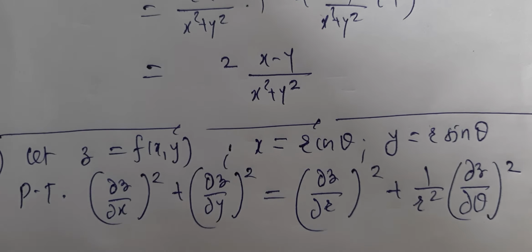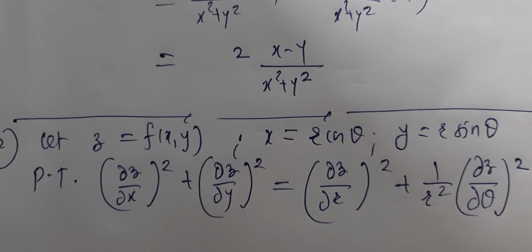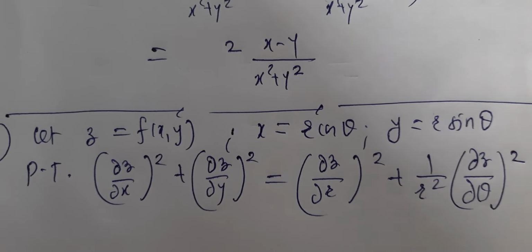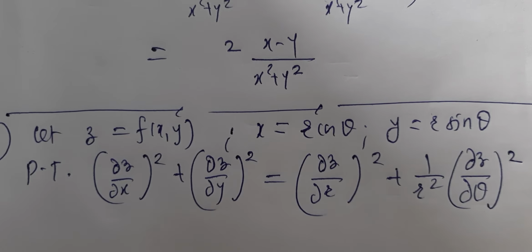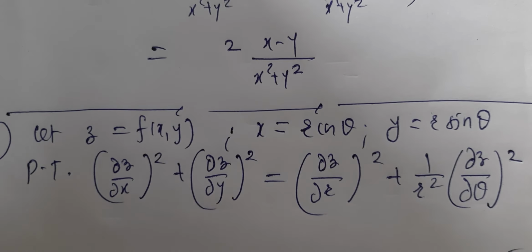Now, before you actually start differentiating, please check the given function: z is a function of how many variables, 1, 2, 3, etc. If it's 2 or more, you have to see who is constant and who is varying. That is a must.